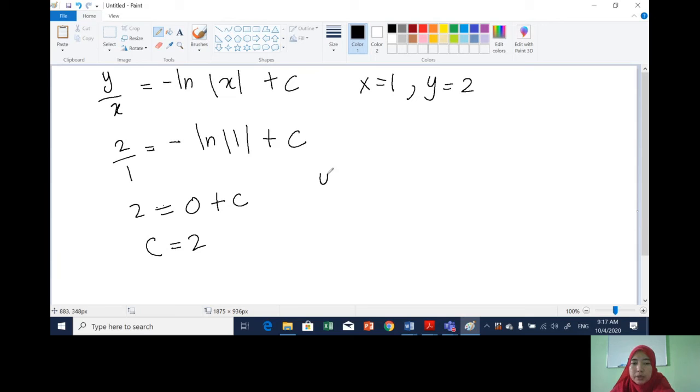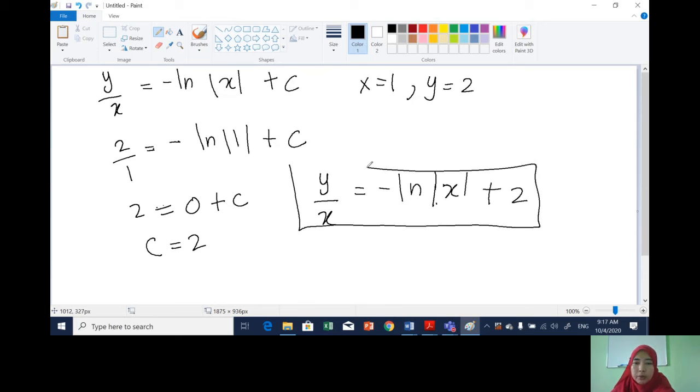Then don't forget to change back into the general solution to get the particular one. So we have y over x equal to negative ln x plus 2. The one in the box is our final answer, which we call the particular solution.